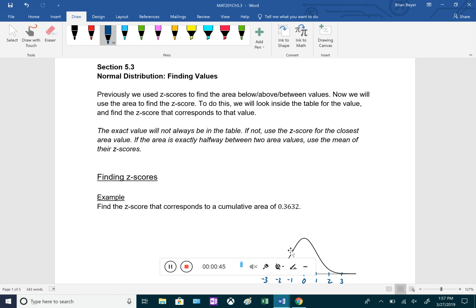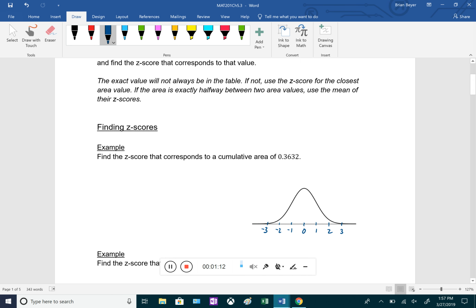One issue is that the exact area value will not be exactly in the table. If it's not in the table, we have to either use the z-score closest to that value, or if the area is exactly halfway between two values, we're going to use the mean of those two z-scores. We'll see those two in an example when we get there.